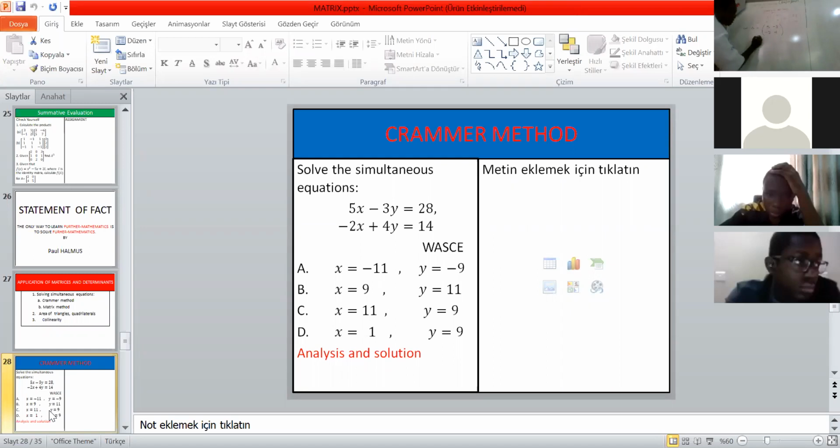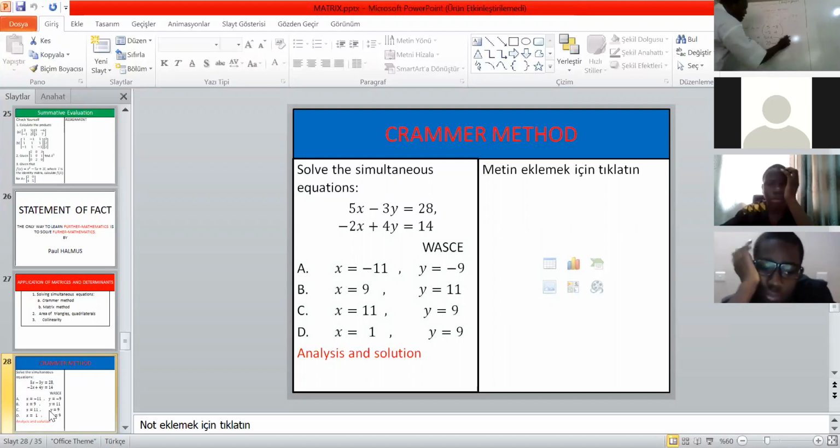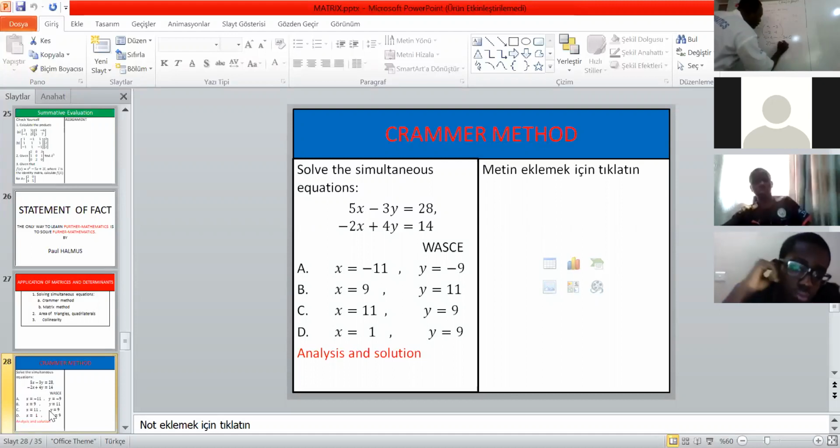You use 5 times 4, minus, -3 against -2. This gives you 20 minus 6, because minus times minus at this junction is plus, and minus times plus is minus. If you compute this, your answer gives you 14. Bingo.